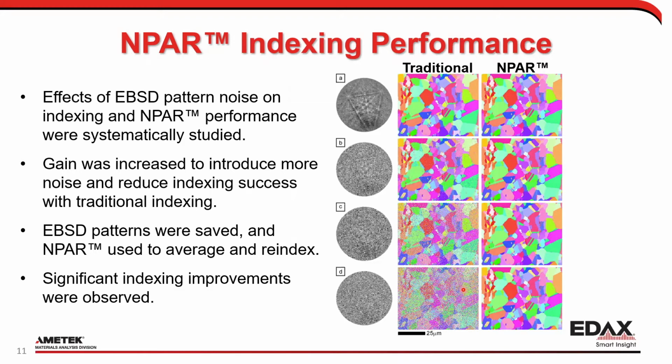For NPAR, the main thing to consider is that you are changing orientations, but not based off an image processing technique. You're not just saying, my neighbors have this orientation, so I'm going to take that orientation as my own. We're saying, I'm increasing my signal to noise ratio, and I'm going to rerun the whole thing through the reindexing routine to get a new orientation. And that is a big, big difference.